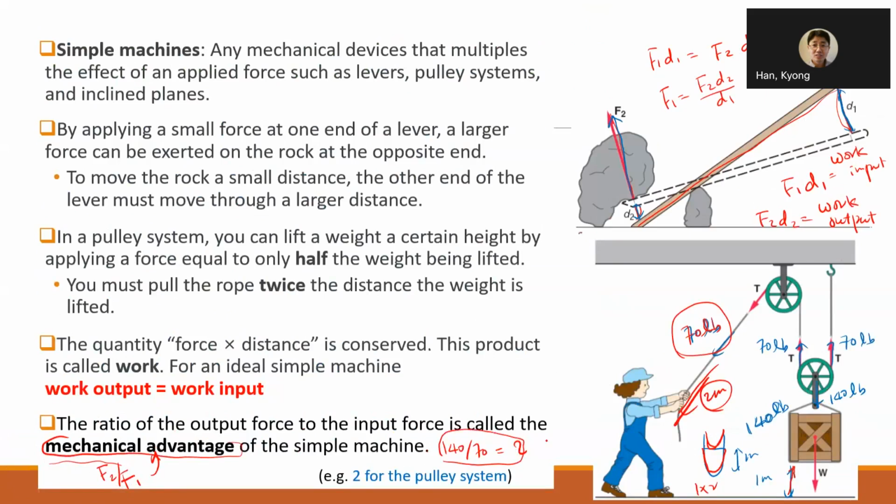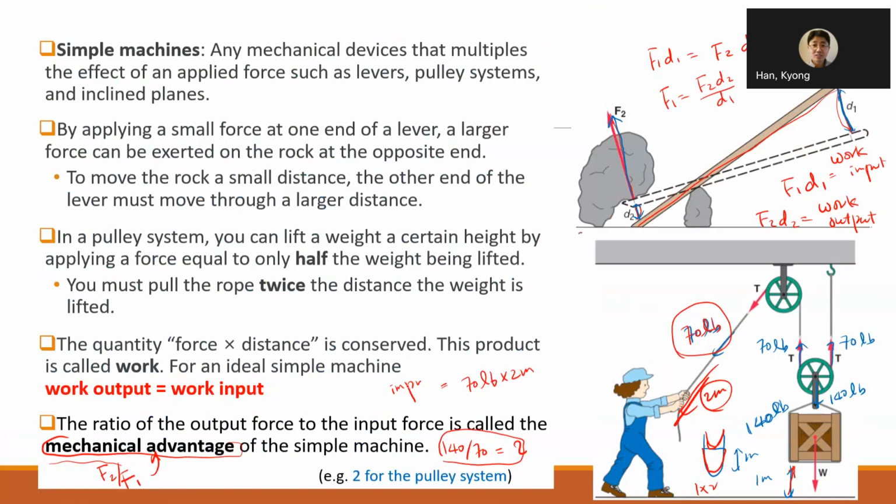But in this case, the input force is maybe 70 pounds times 2 meters. This is the work input.